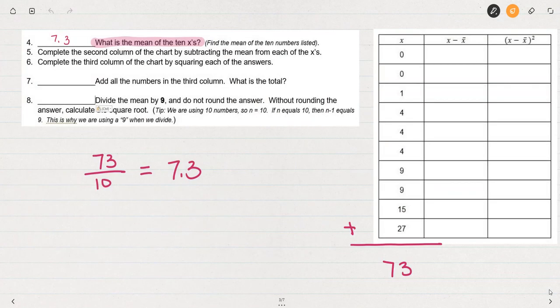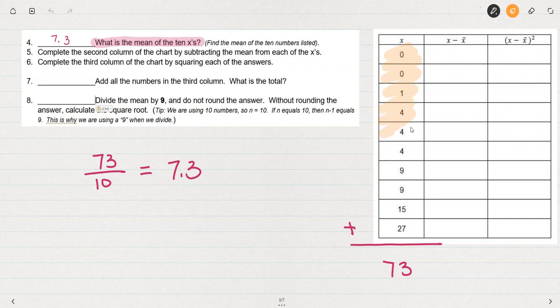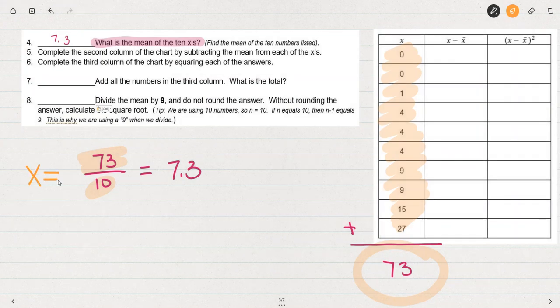Next, I would find the mean of those x's. As you can see here on the chart, I added 0 plus 0 plus 4 plus 4 plus 4 plus 9 plus 9, and so on, and I got a total of 73. Because there were 10 x's, to find the mean, I divided by 10, and that is the x bar, or the mean.